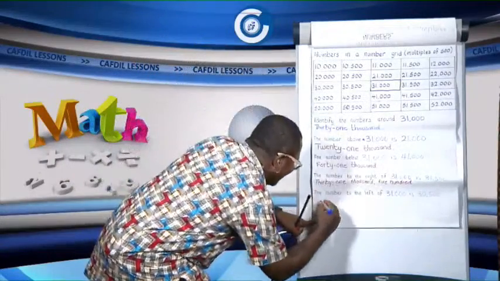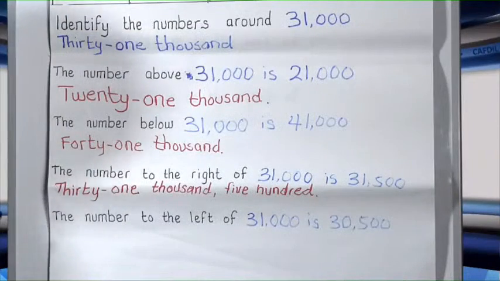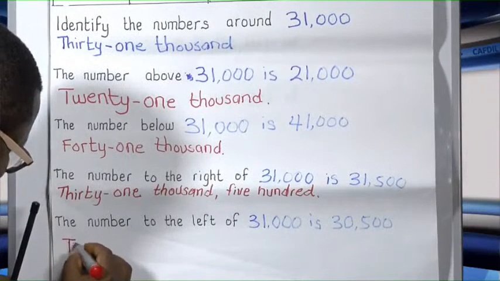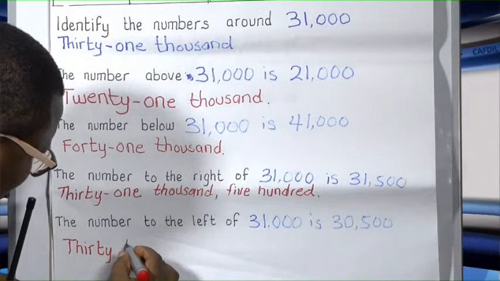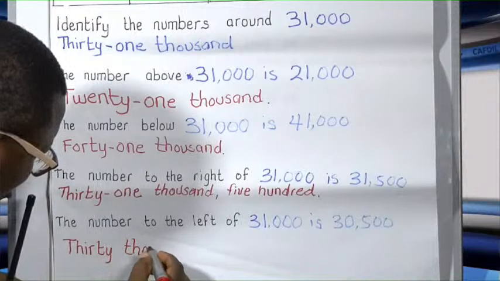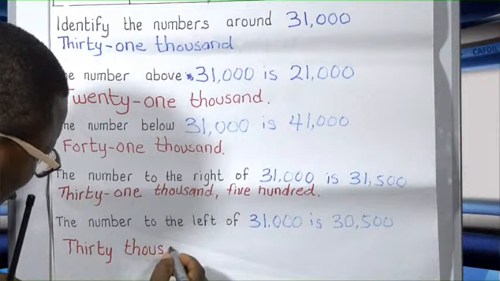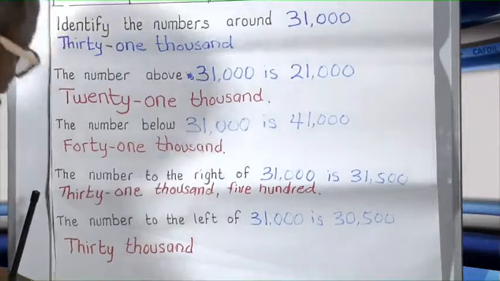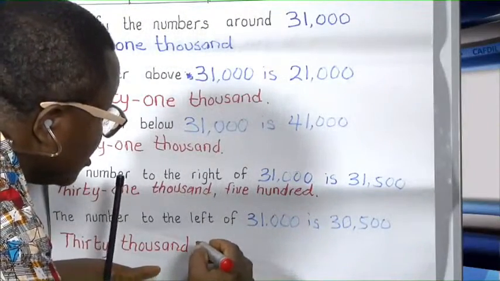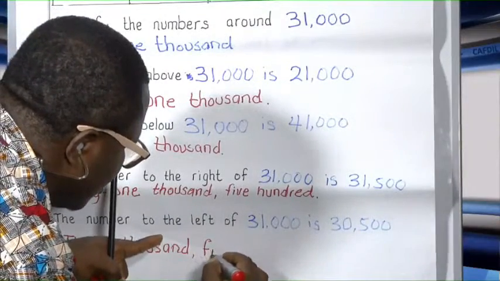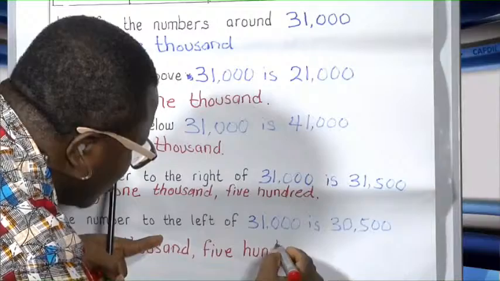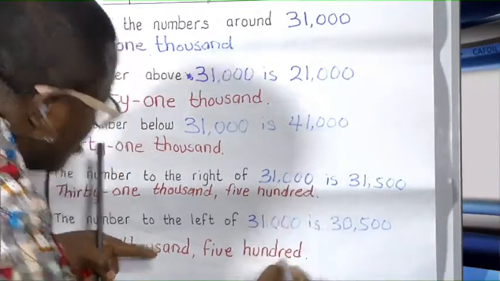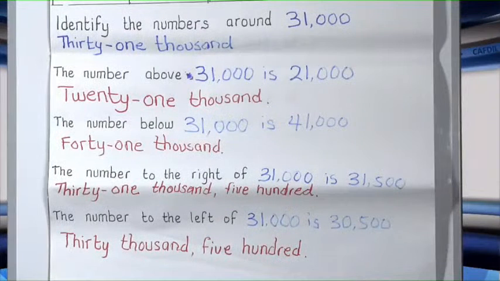Learners, it's written in this way. So we write it this way, 30,500.